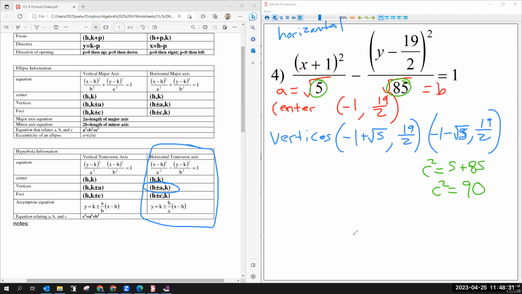What square root can I simplify that to? 3 times... Yeah, so I was thinking it was 9 and 10. So what's the foci going to be?